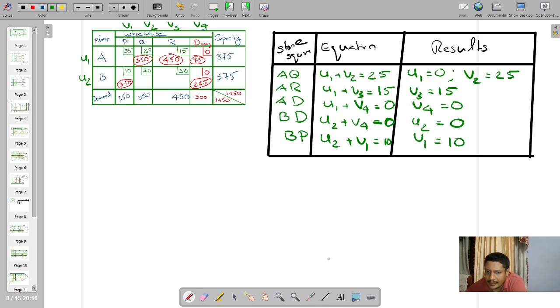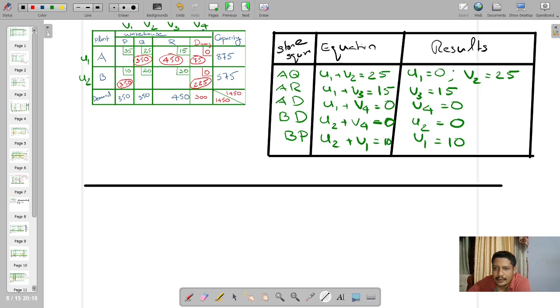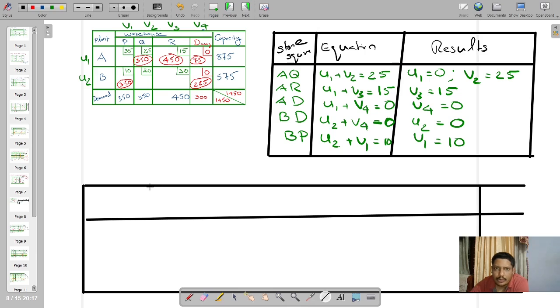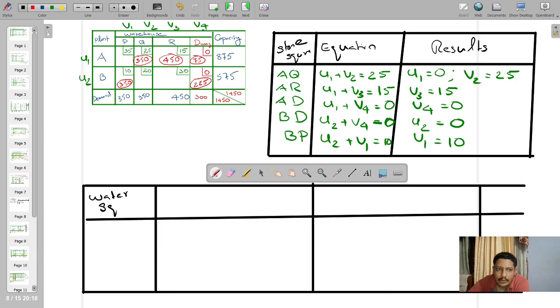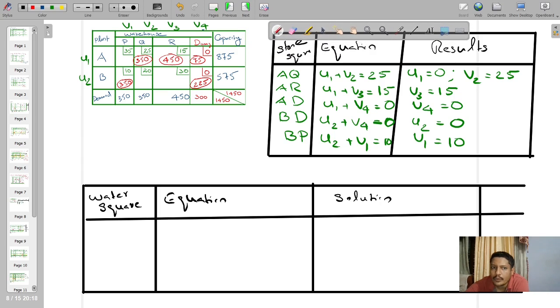Now we will calculate the net cost change. We will calculate the net cost change for the vacant squares, with their equation and solution.